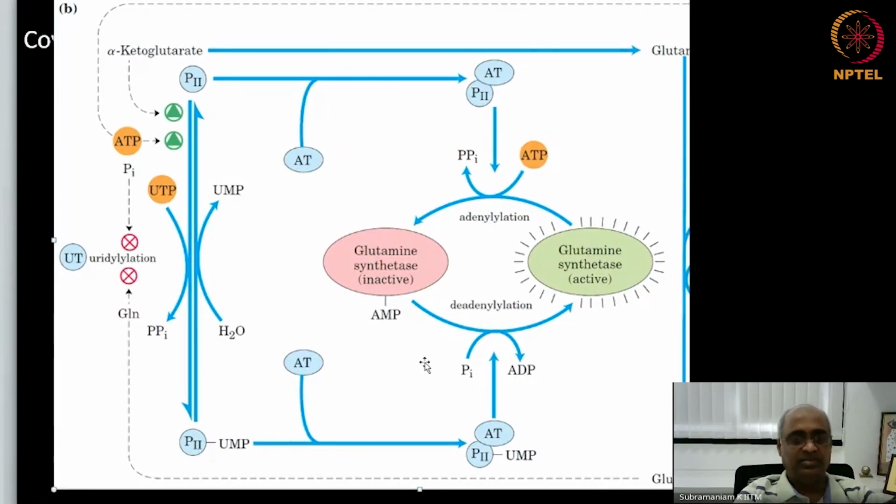So it looks complex, but it is actually not complex. You only have two hierarchies here. One is glutamine synthetase itself, which is activated or inactivated by covalent modification. And that covalent modifying enzyme is similarly subject to activation and inactivation by another enzyme that does covalent modification of this AT. And that enzyme is allosterically regulated based on substrate or product availability.